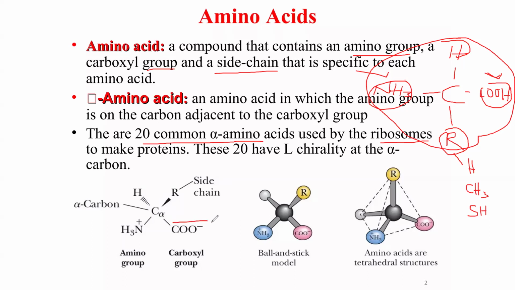Here we have the carboxyl group, this is the amino group, this is hydrogen, and this is the side chain. If you look at this carbon, you observe that all the groups attached to it are different. That is why we call it alpha carbon, or you can call it a stereogenic carbon.